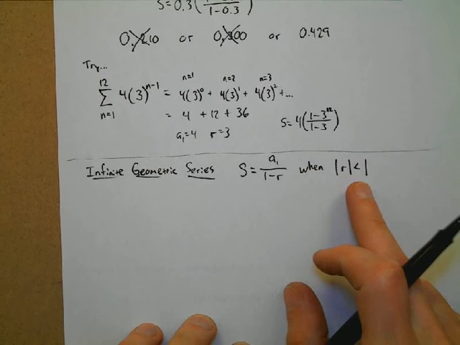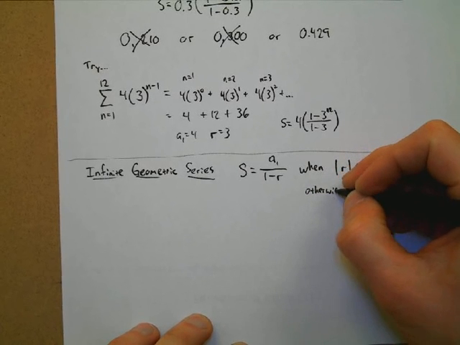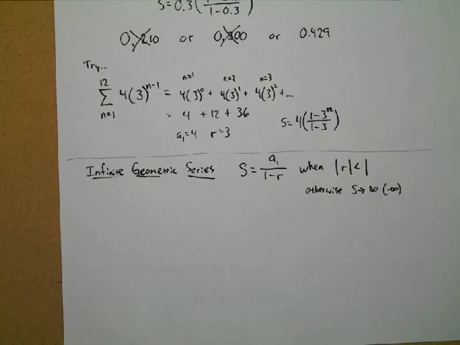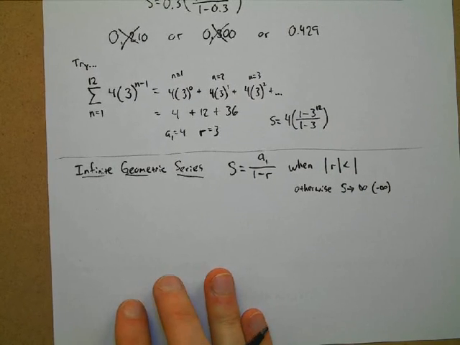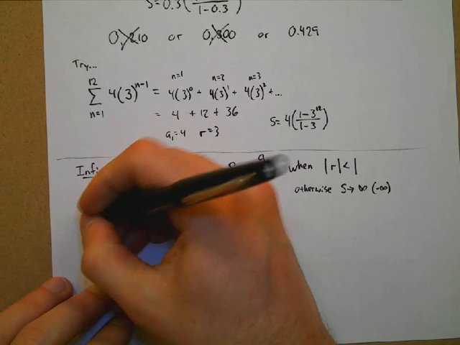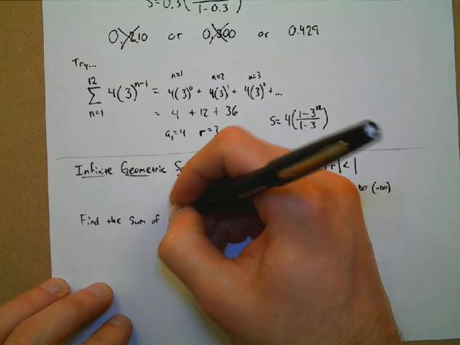So let's find the sum of the geometric sequence 500, 300, 180, and so on.